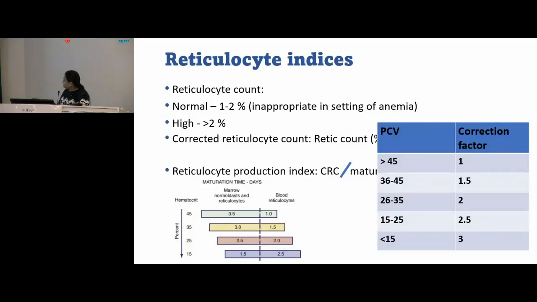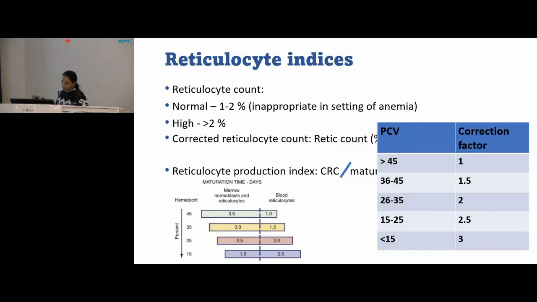So this is the formula, the corrected reticulocyte count with this maturation factor. This maturation factor would be these numbers based on your hematocrit. So if that patient is having a hematocrit of say 20, you will divide your corrected reticulocyte count by 2.5.